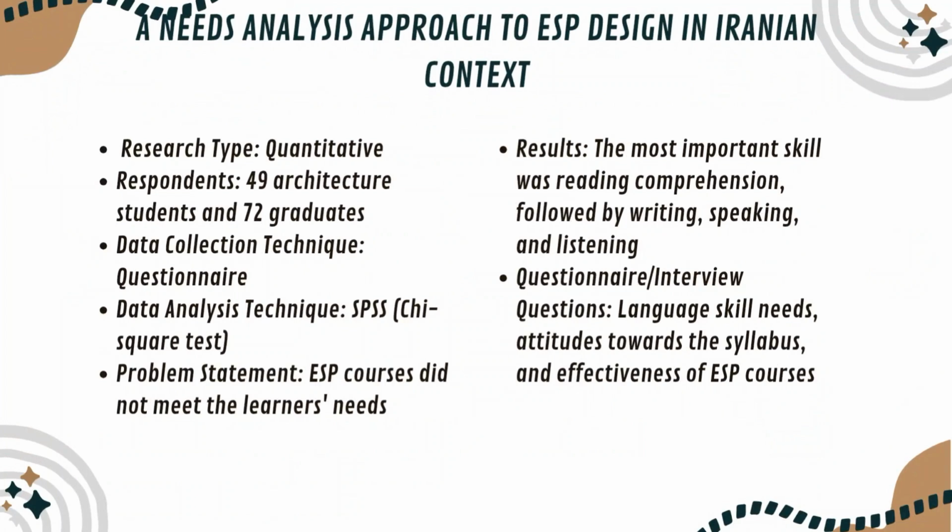Data collection technique: questionnaire, and data analysis technique: SPSS and chi-square test. Problem statement: the ESP course did not meet the learners' needs. For the result, the most important skill was reading comprehension, followed by writing, speaking, and listening. Questionnaire or interview question: language skill needs, attitude towards the syllabus, and effectiveness of the ESP course.